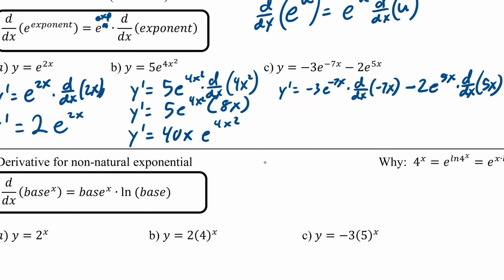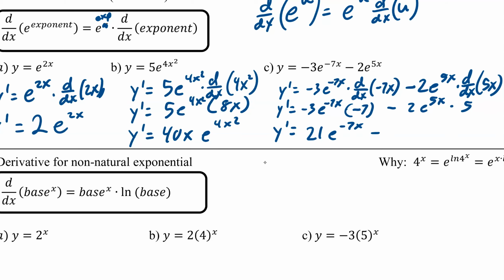And so we end up with negative 7, minus 2 e to the 5x times 5. Putting that together, we end up with 21 e to the negative 7x minus 10 e to the 5x. And there you have it.